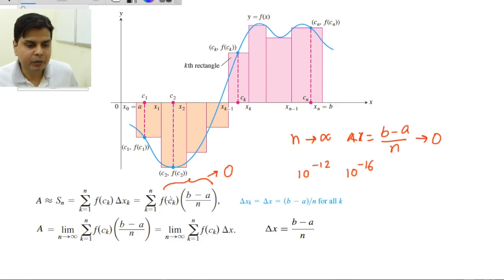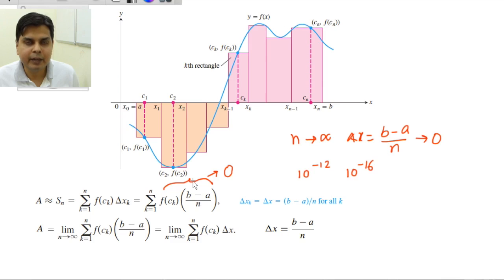The same thing happens here also. Each of these rectangles individually has very small area, but when you sum them over, 1 to n, and this n tends to infinity, that is n is something like billions and billions, ultimately they will give a finite result, say of 10 or 20 or 15 or 17.